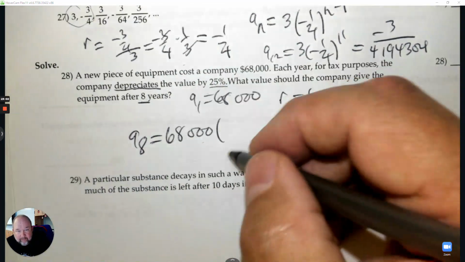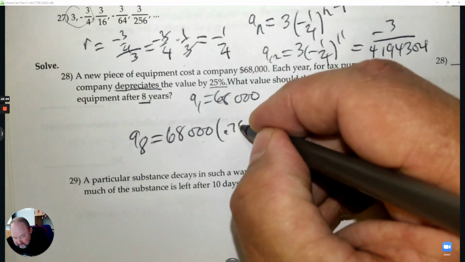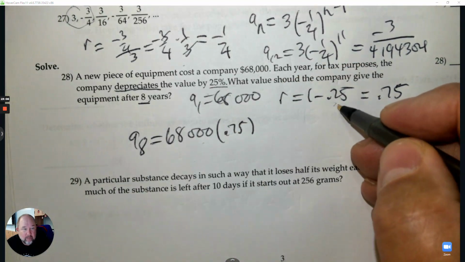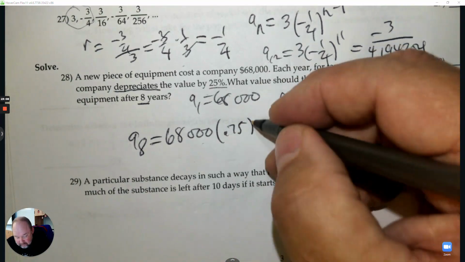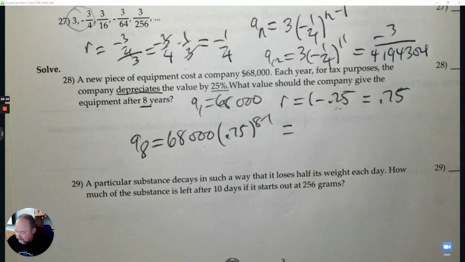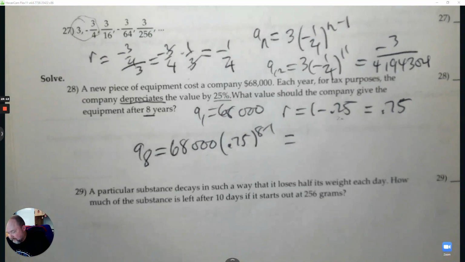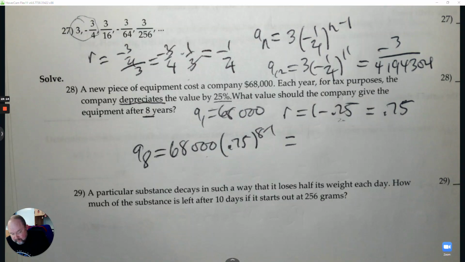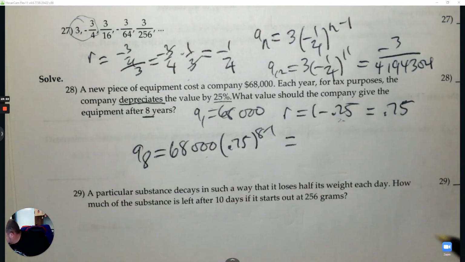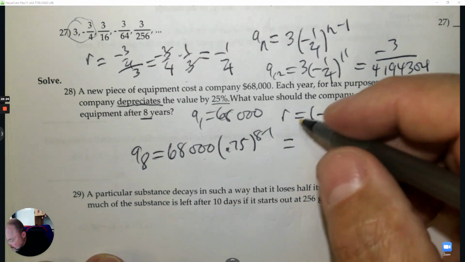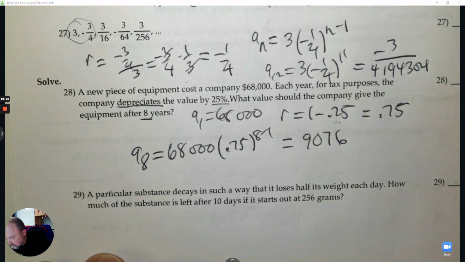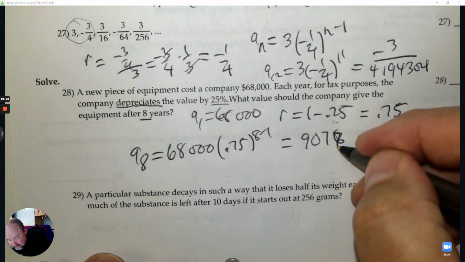So A1 and then R is 0.75, because 1 take away 0.25 is that. And then the exponent 8 minus 1. And I get 9,076. It rounds to actually $9,077.